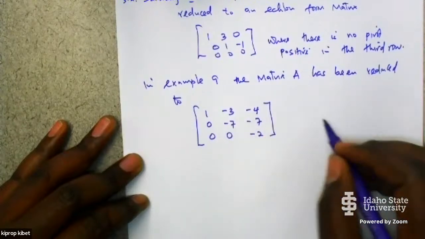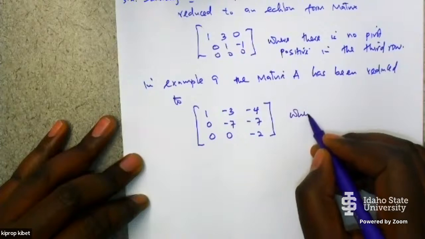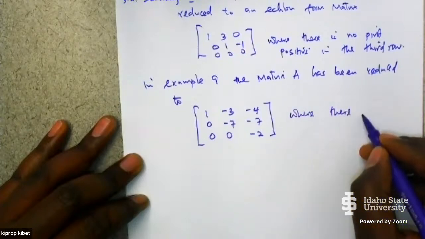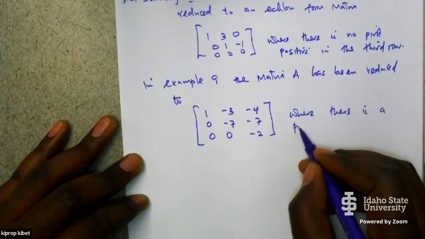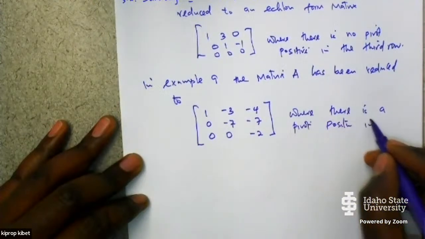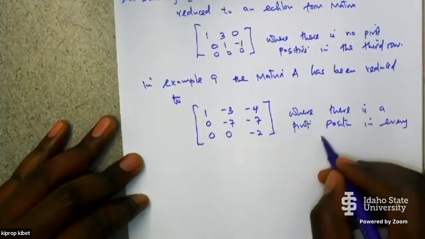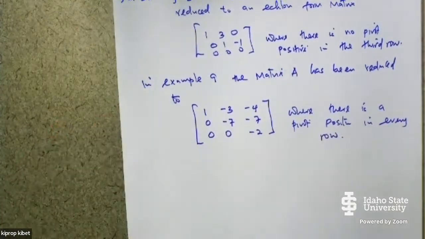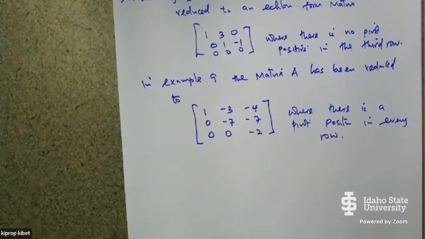We can see that there is a pivot position in every row. So therefore, you can see the difference between them.